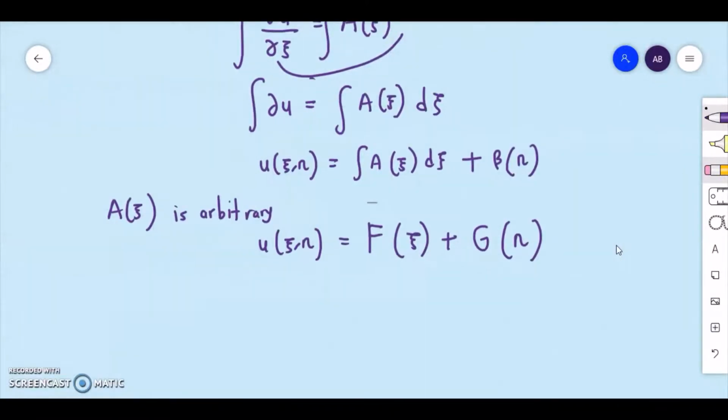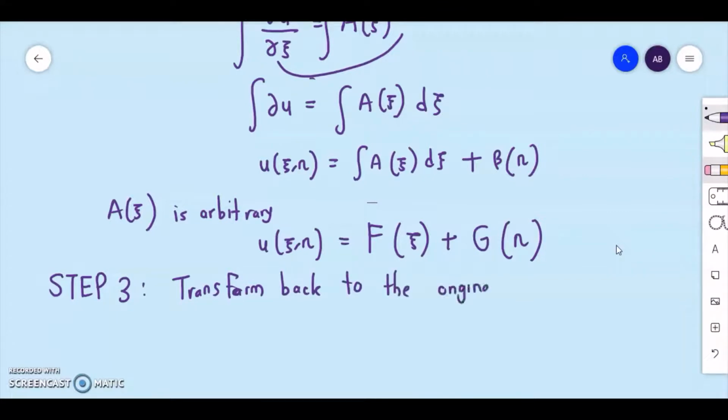And then we have step number 3. Step number 3 is transform back to the original coordinates. Remember earlier on I said that my xi equals x minus ct, and my eta equals x plus ct.